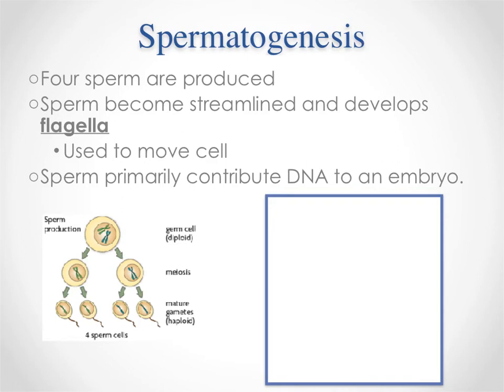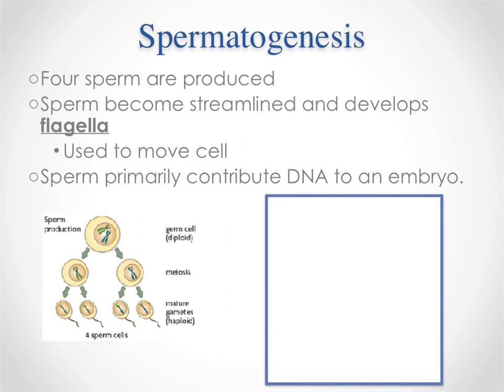Sperm become streamlined and develop a flagellum. This is used to move the cell. It's a whip-like tail that's used for swimming the sperm cell to the egg. Sperm cells are pretty much mostly nucleus with this long tail and some mitochondria to move them along, but they primarily contribute DNA to the developing embryo.